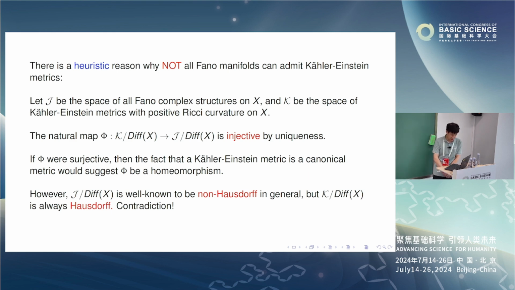If phi was surjective, then because the Kahler-Einstein metric is, we believe, canonical, being injective and surjective, with some extra little continuity, you could say that phi has to be a homeomorphism. But this is the first thing we know about complex geometry: the moduli space of complex structures is not Hausdorff. That's the jumping of complex structures phenomenon.